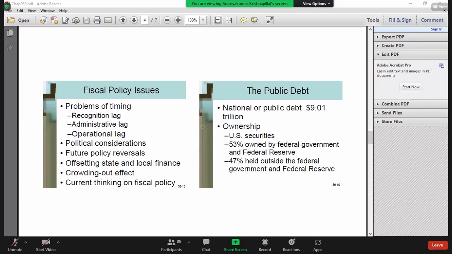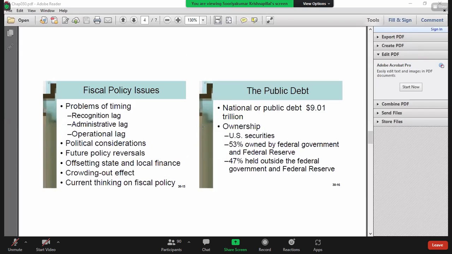After that, only then can the government do fiscal policy. So this recognition lag delays government action. Okay, now the government identifies that the economy is going down.